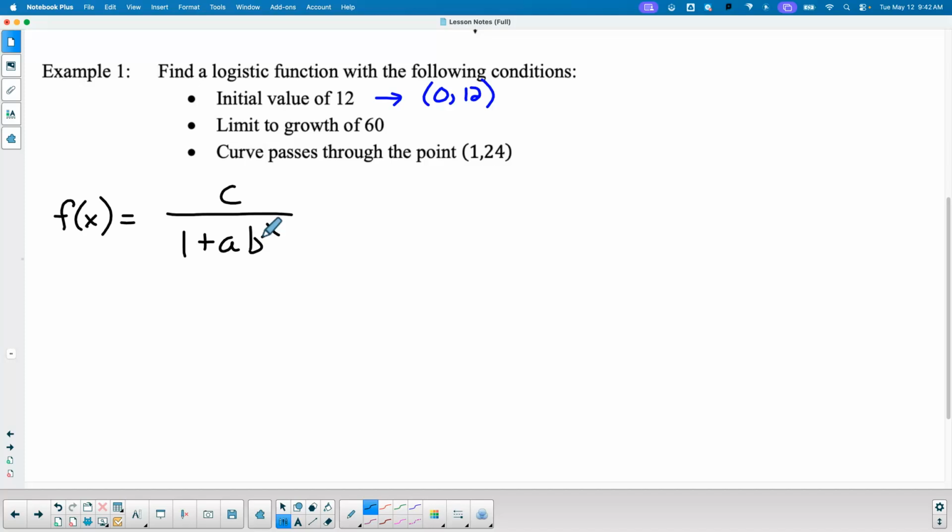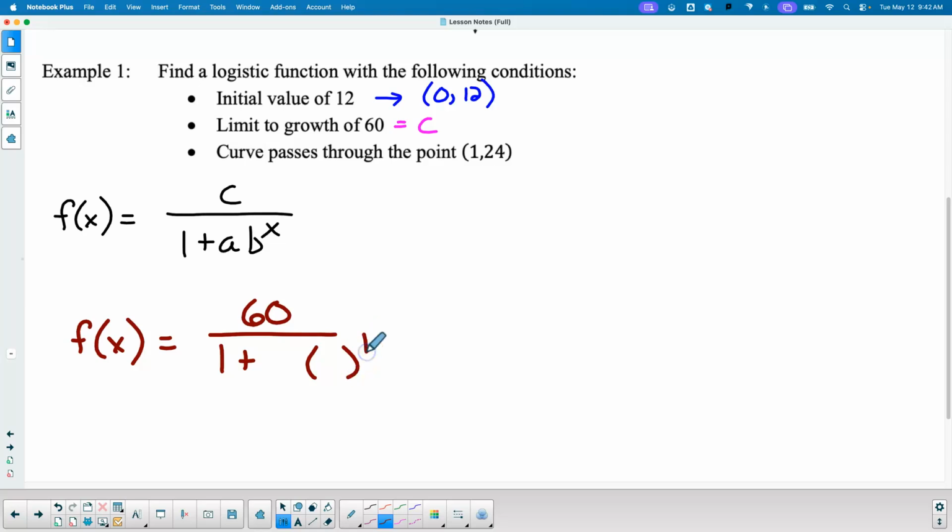Limit of growth is 60. What does that mean? That's c. So right off the start, my function here is going to be 60 over 1 plus something.